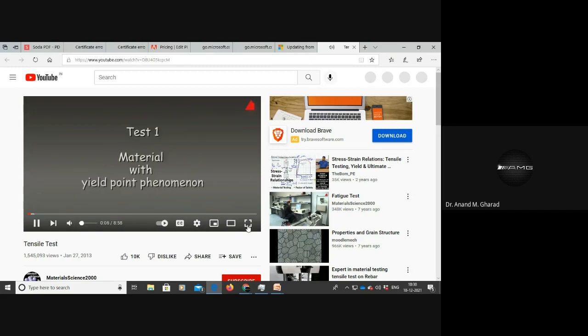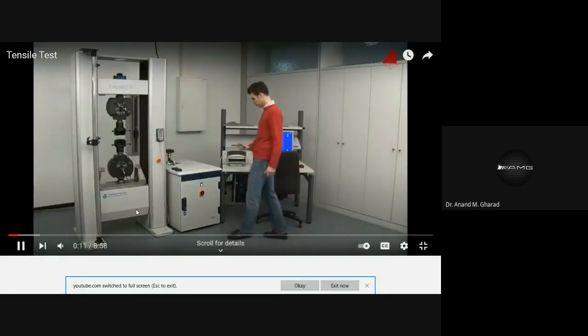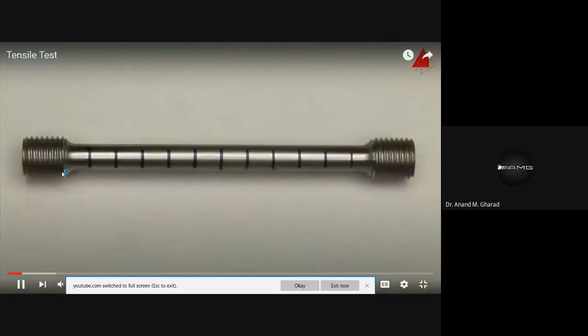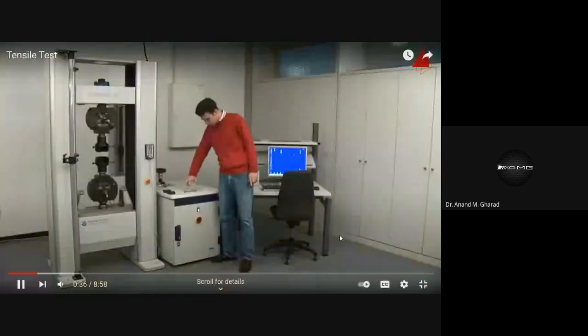Is this visible to all? Yes. Okay, so this is a specimen which is to be tested. This is a round mild steel bar, you can say. This is the length and this is the diameter, represented by d naught and L naught.